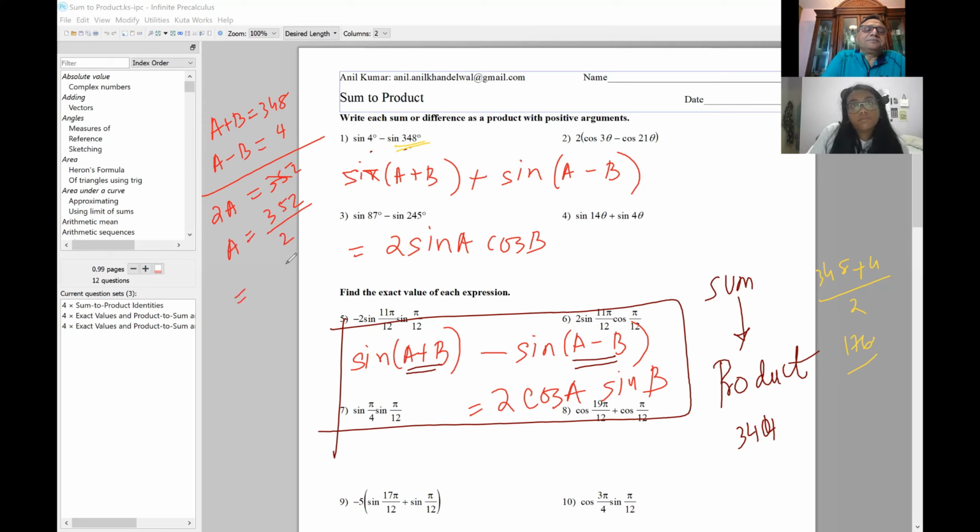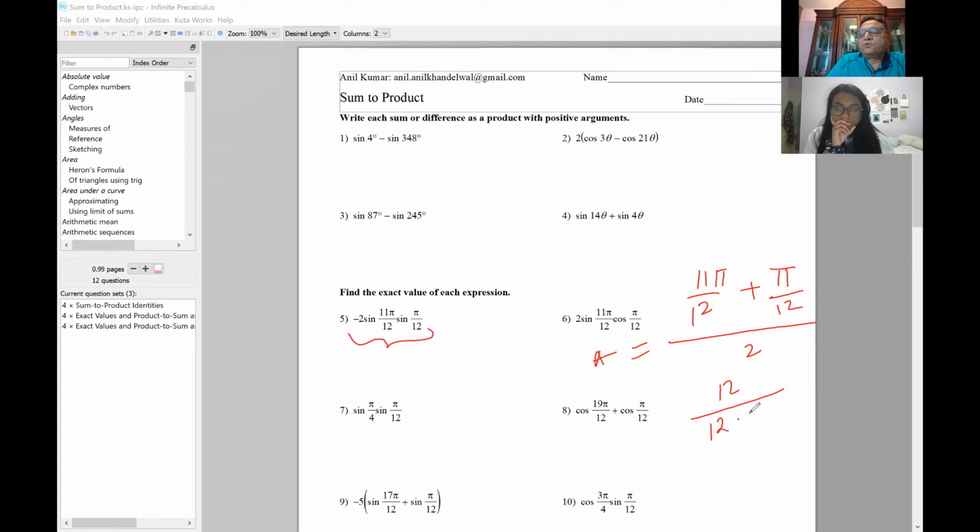Similarly, we could do this for angles given in radians also, correct? Here, if I have to find the two angles, I'll do 11 pi by 2 plus pi by 12, divided by 2 as the value of a. 11 plus 1 is 12, and we have 12 times 2 here, so it is half. So a is half pi.